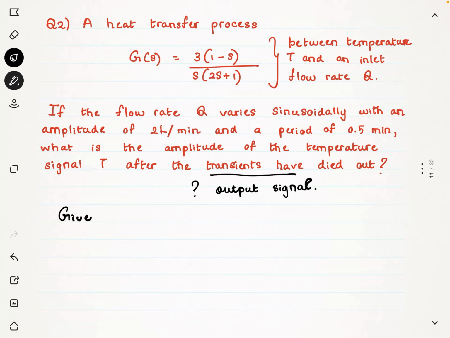So we have been given the following information. The amplitude of the input signal is 2 liters per minute, and we have not been given the frequency. Instead we have been given the time period of the input signal, which is 0.5 minutes.